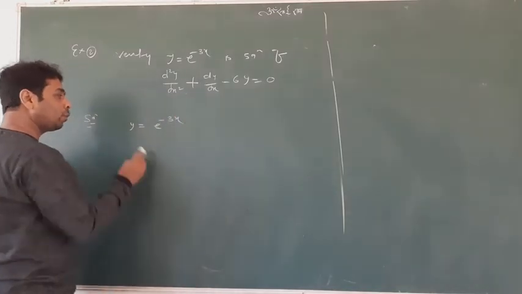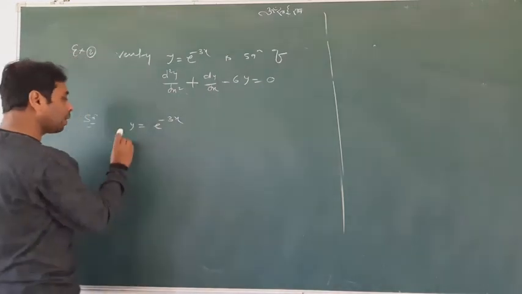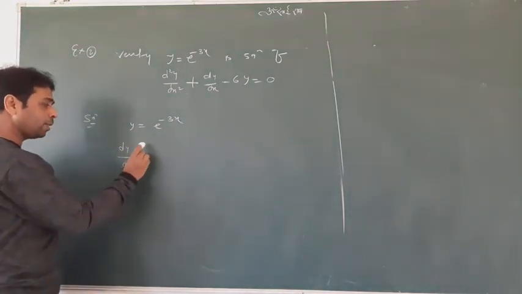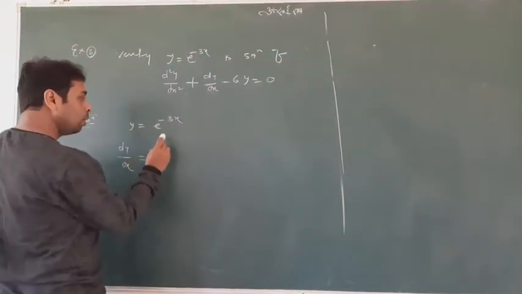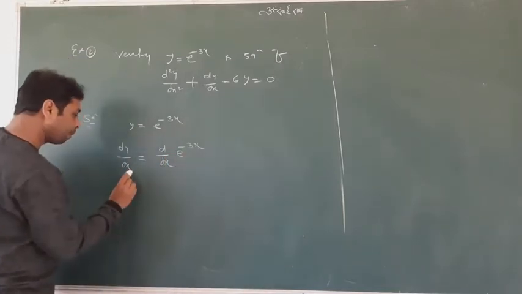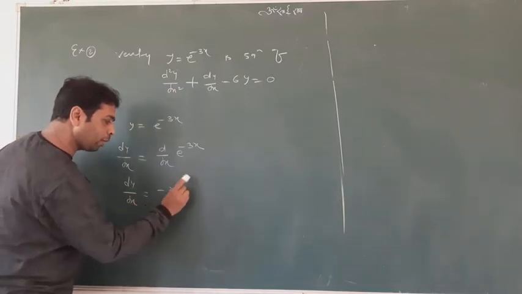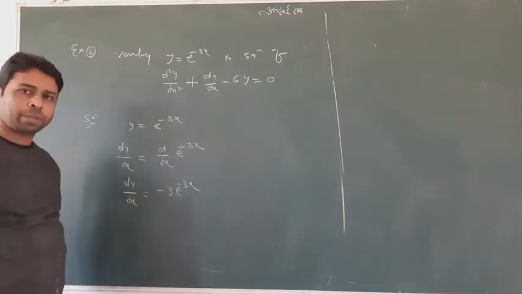This is my given equation. I will do the required differentiation, 2 times differentiation. First time, dy by dx equal to d by dx of e to the power minus 3x. dy by dx is equal to, do differentiation, you know the differentiation of this is this one.